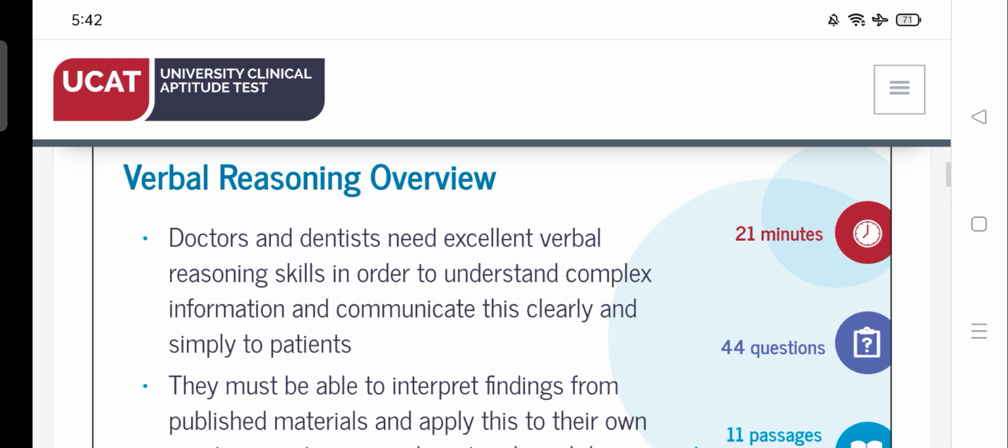Next, doctors and dentists need excellent verbal reasoning skills in order to understand complex information and communicate this clearly and simply to patients. The ones who are doctors and dentists need to be good in this portion, which is verbal reasoning skill, to understand the complexity of the information, how to get your answer from this information.